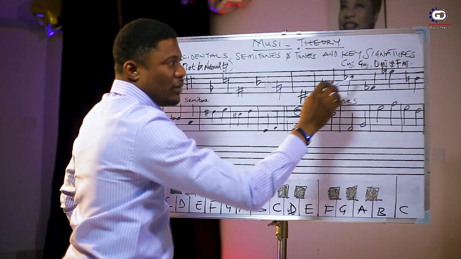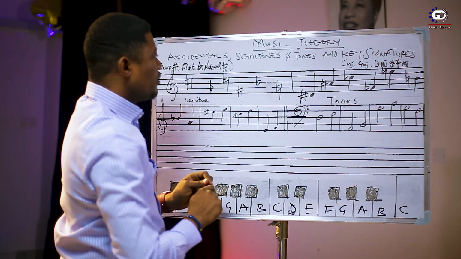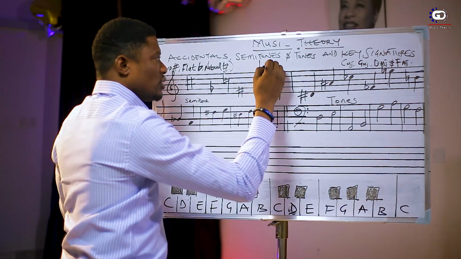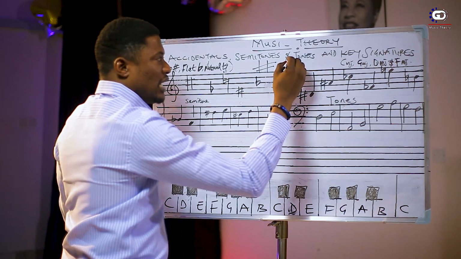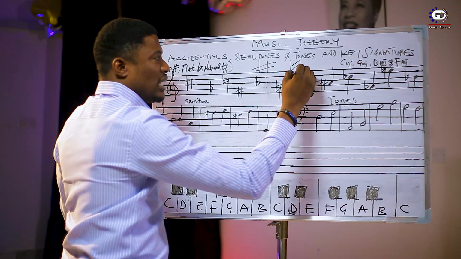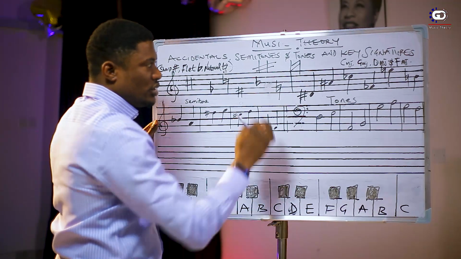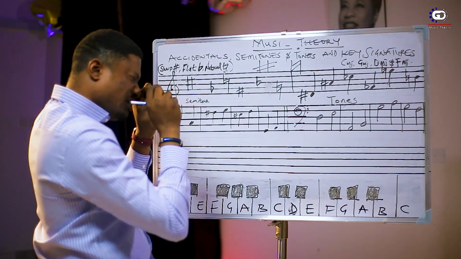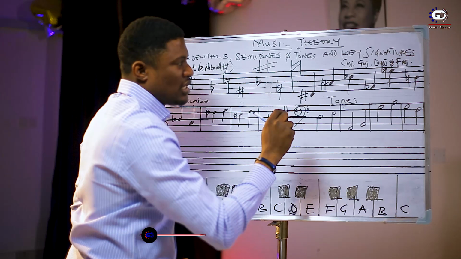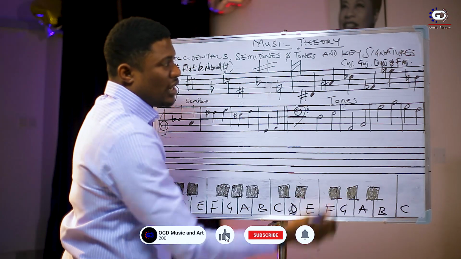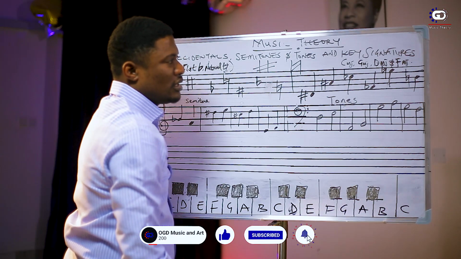By the way, the sharp and natural look alike, but they are different. This is a sharp, and here you have a natural. They are different, but a bit similar. You have to be careful of how you draw your sharp and natural.